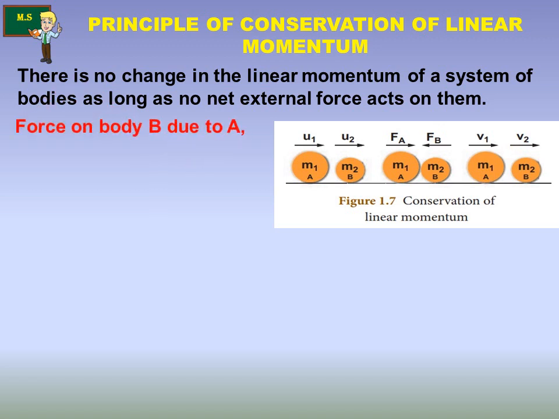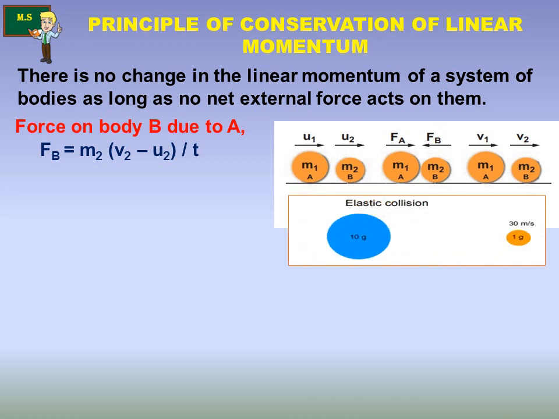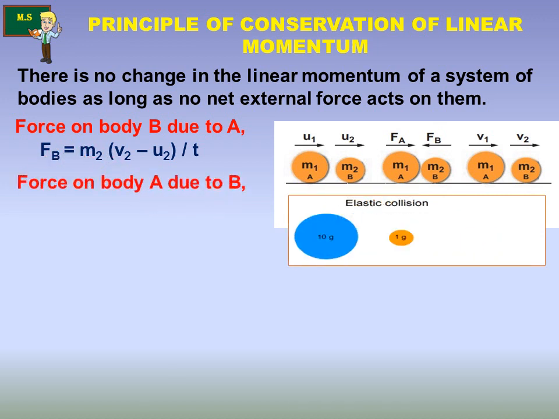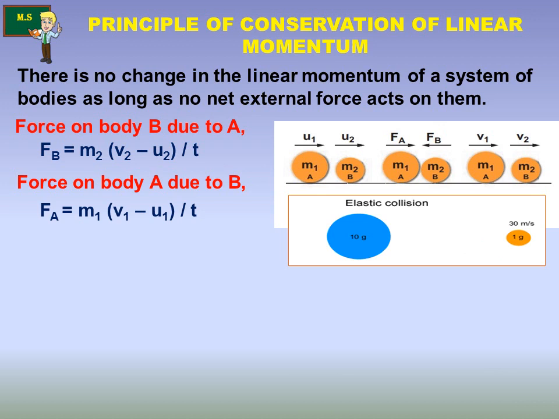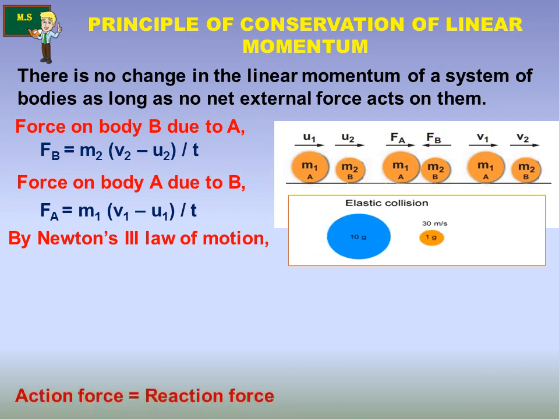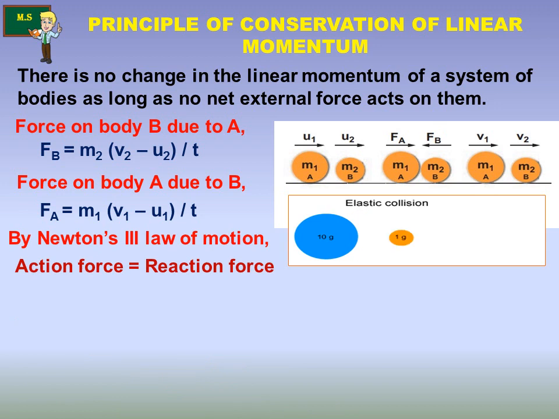I have given terms for this reference. Force on body B due to A. This is the force on body B due to A: FB is equal to M2 into V2 minus U2, divided by T. And the force on body A due to B, this is an example of this collision: FA is equal to M1 into V1 minus U1, divided by T. By Newton's third law of motion, action is equal to reaction force.